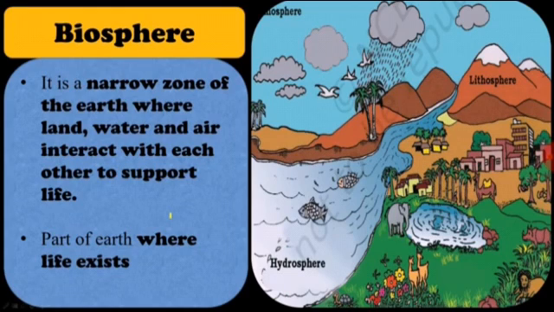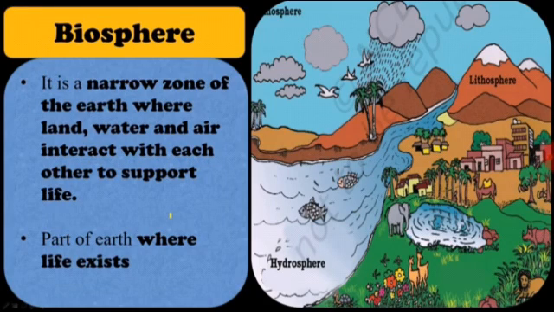Next, biosphere. Now if we say someone can live in the ice, can he live? No. He needs a proper environment where he can live. So biosphere is a narrow zone of the earth where land, water and air interact. It means they are together with each other to support life.